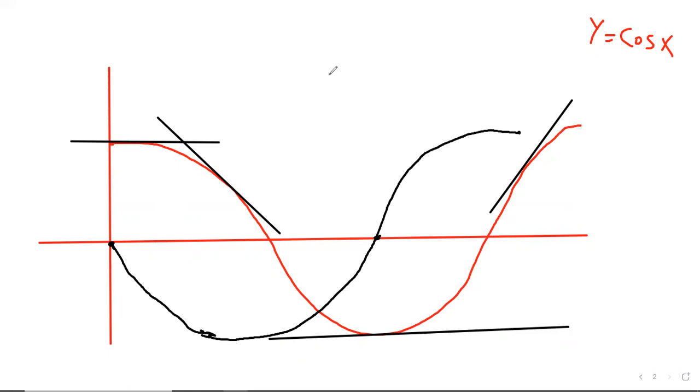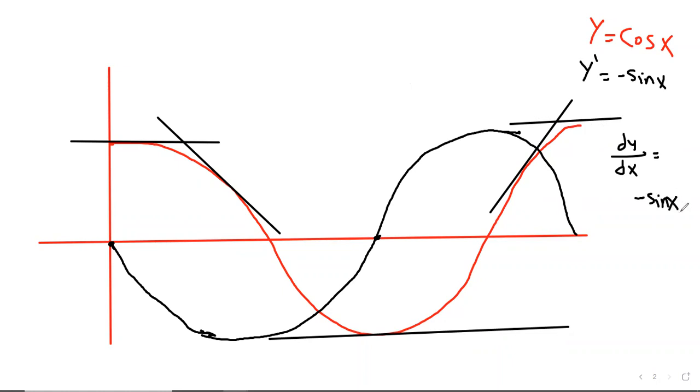Okay, and the derivative at this point is 0. So we'll go down again. And this function is the derivative of y equals cosine x. As you see here, it's the inverse of sine. So the derivative of cosine x is equal to negative sine x. So y prime is negative sine x, or dy over dx equals negative sine x. That's it.